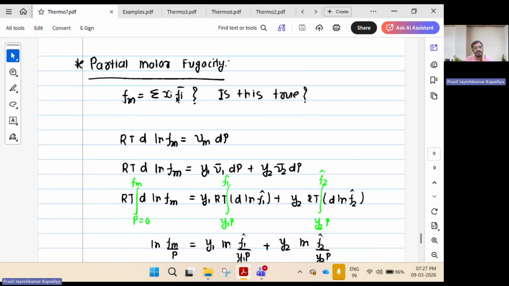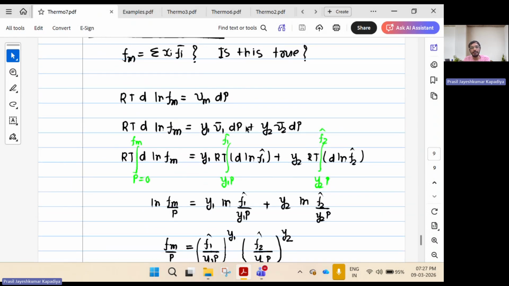Fm is equal to the summation of xi fi bar? We cannot write it. We derived that in a mixture RT ln Fm will be equal to the integral of Vm dP, and for volume we can use the summability rule, that is y1 V1 bar plus y2 V2 bar.